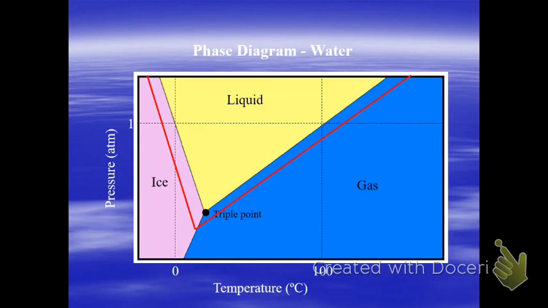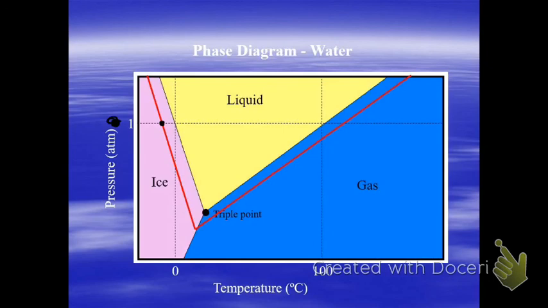Let me change color here. Those two red lines represent not a pure solvent, but a solution. I'm starting right over here at 1 atmosphere, that's standard pressure. I'm going to follow this dashed line across and look where it hits that red line.